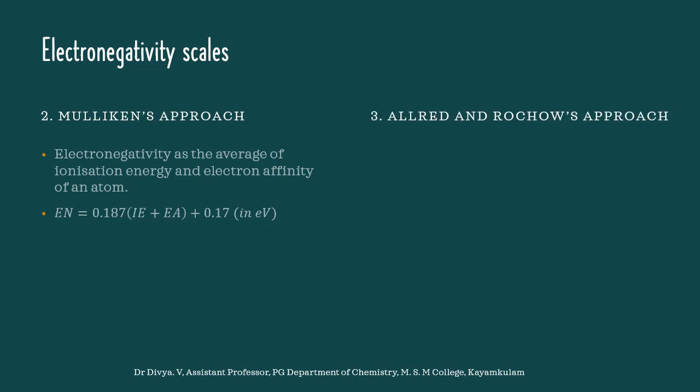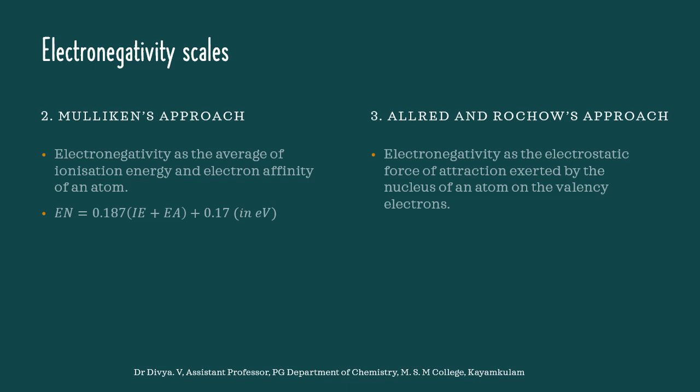Okay. Now the second approach is the Allred and Rochow approach. Here Allred and Rochow define electronegativity as the electrostatic force of attraction exerted by the nucleus of an atom on the valency electrons. So we can write the expression as F is equal to E square into Z star divided by R square.